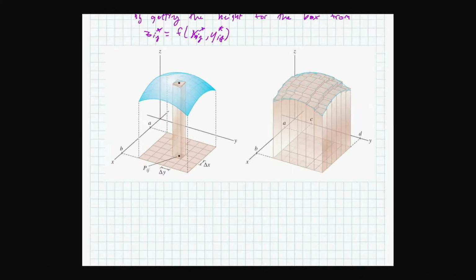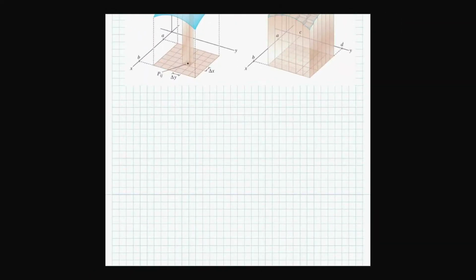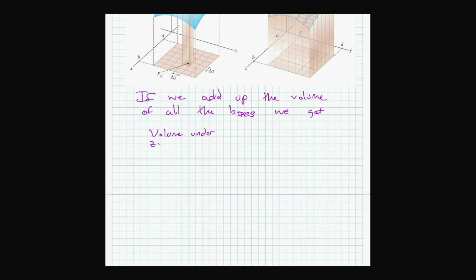Okay, so what we get is, if we add up the volume of all of the boxes, we get that the volume under z equals f of x, y, and above the region R is, sorry, approximately equal to... well, how would you do that?